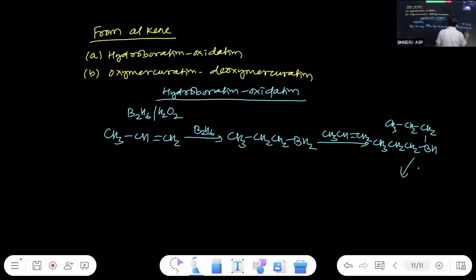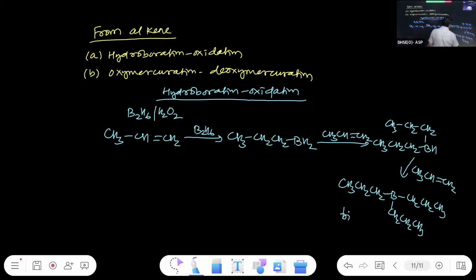Okay. Next, one more alkene. Now what will we call this? Tripropyl borane. So this is tripropyl borane, the intermediate.